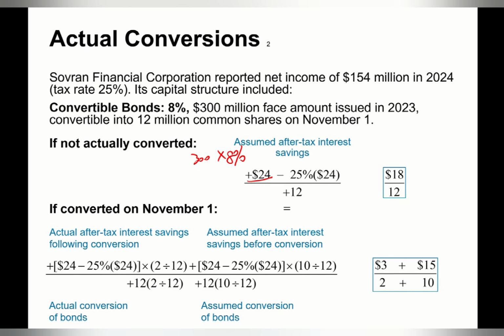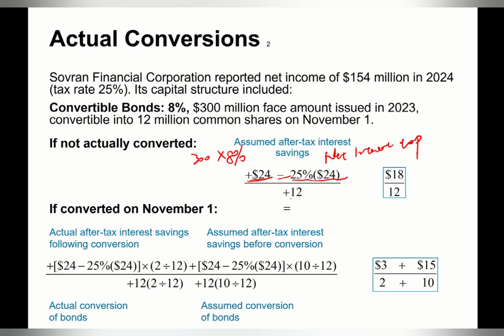If not actually converted, we need to add back the interest expense to the net income. So this is 24, which is the interest, and minus the 25% times the interest expense. So this is net interest expense. We need to add it back to the net income.